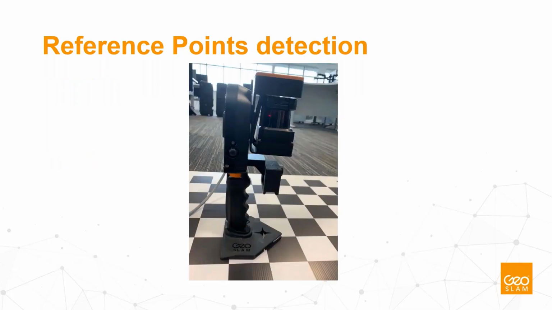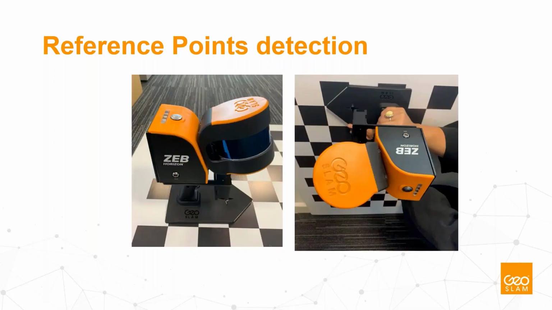This is just to give you an idea, because I know some of you are more visual. Revo, RT and Go have to be placed on the ground, with the star aligned with the control point on the ground in the vertical position. Whereas the Horizon can be used in two different ways, as shown here, but you can understand that this means you can tilt the Horizon to record the reference point.